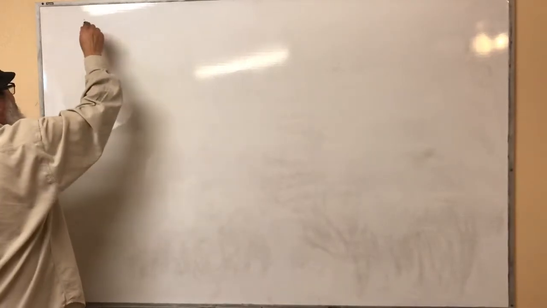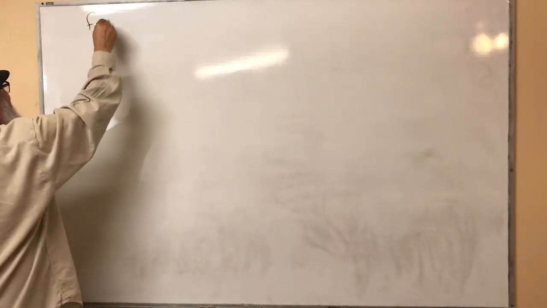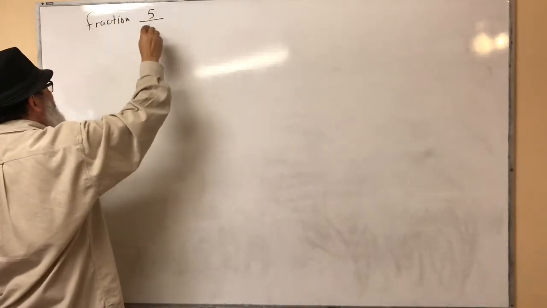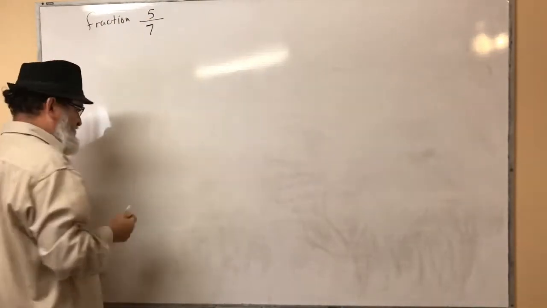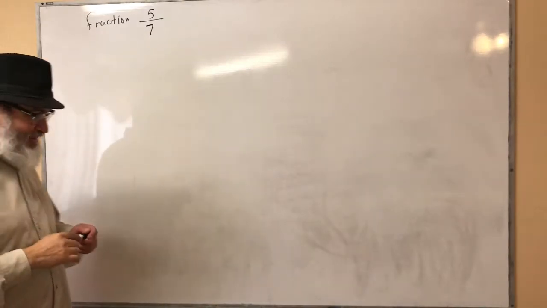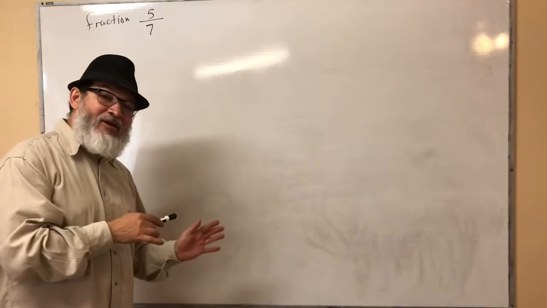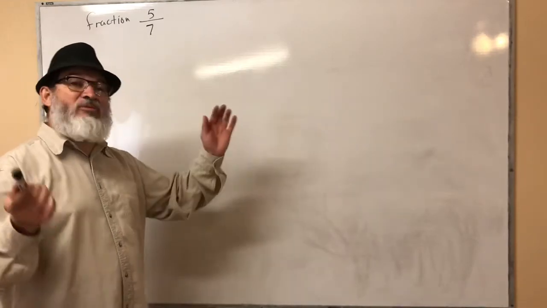So here is a fraction. Five over 7. That's a fraction. If I put a variable in the denominator, then we can call it a rational expression.